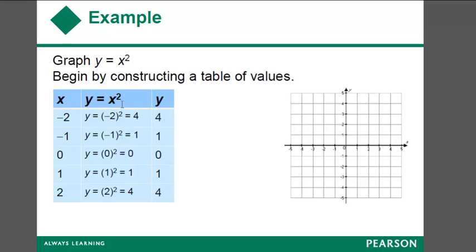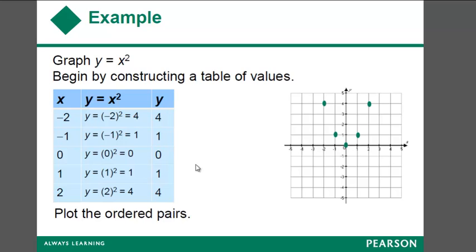y equals x squared. y equals negative 2 squared, which is equal to 4. So I have an ordered pair, negative 2, 4. Negative 1 becomes 1. 0, 0, 1, 1, 2, 4. That's my first step for graphing this equation.